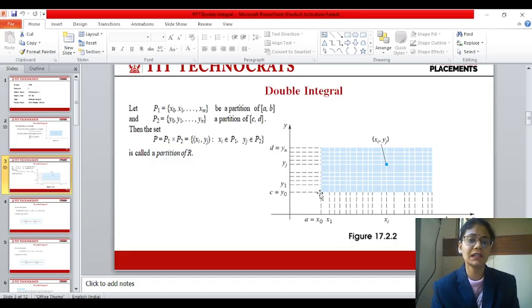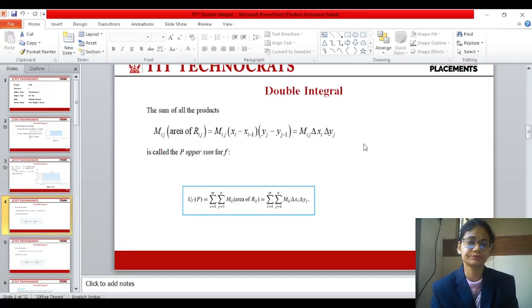Then when you multiply these two partitions P1 with P2, you get P, which is called the partition P of region R. So you can see here region R, which is two dimensional, is broken into small regions, known as dx into dy. So you can see this is the division of the whole region into small parts, differentiation and then integration.